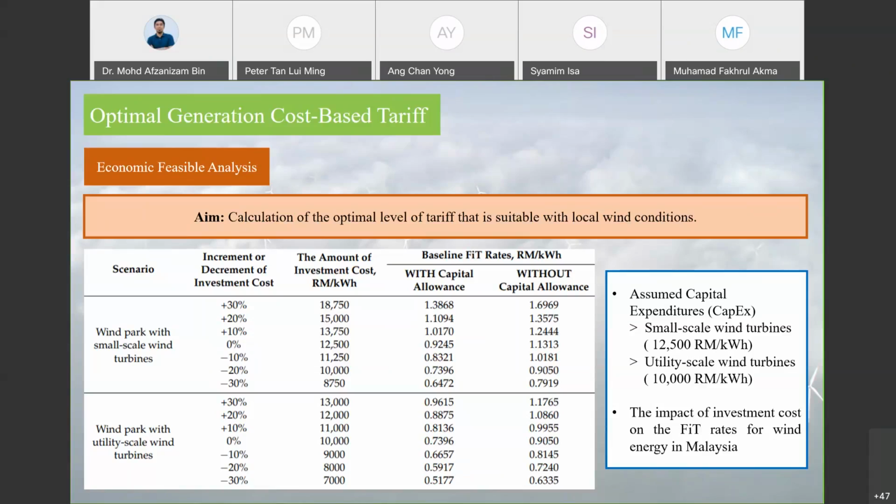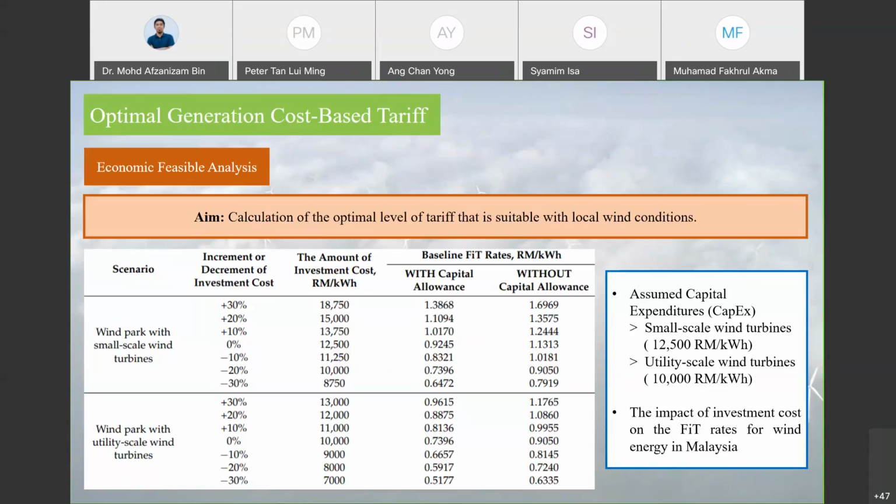By referring to the assumed capital expenditures, the small scale wind turbine had 12,500 per kilowatt and the utility scale wind turbine 10,000 per kilowatt.